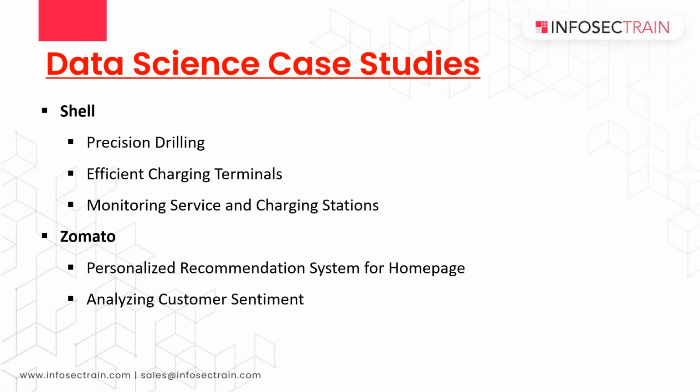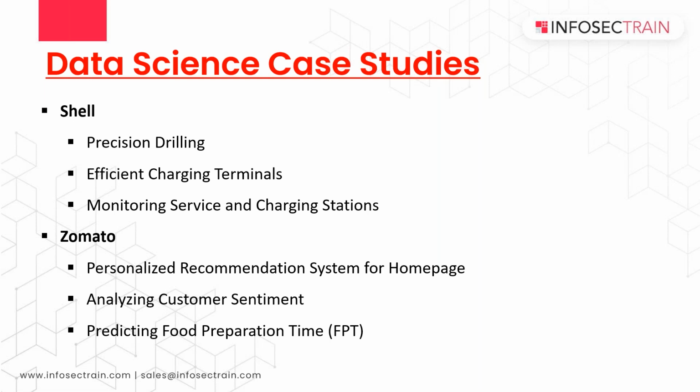Then we have the last one, which is predicting food preparation time. Like I mentioned, nowadays you will find delivery in 10 minutes, so it's very important to predict the food preparation time. They find out the food preparation time and can then deliver the food to the customer.